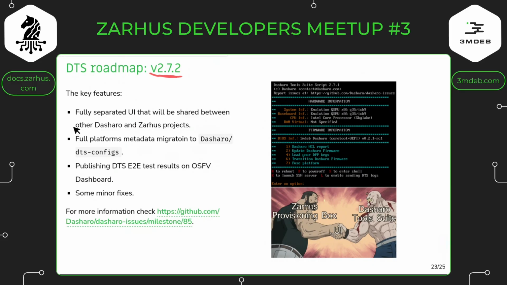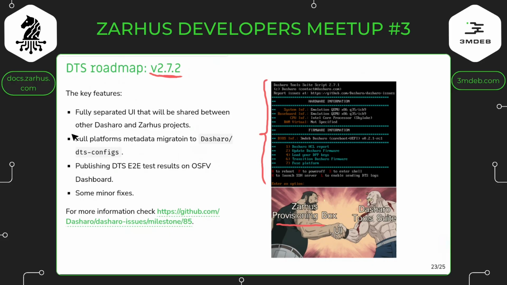The key features in this release are the separated user interface that will be shared between other Dasharo and Zarhus projects, such as, for example, the Zarhus provisioning box. The idea here is at least to make the user interface more stable, more documented, and shared between the projects.